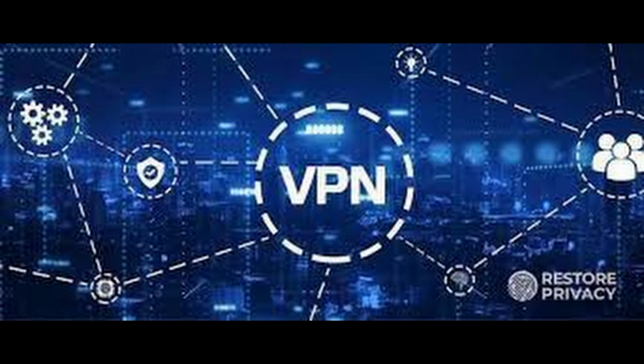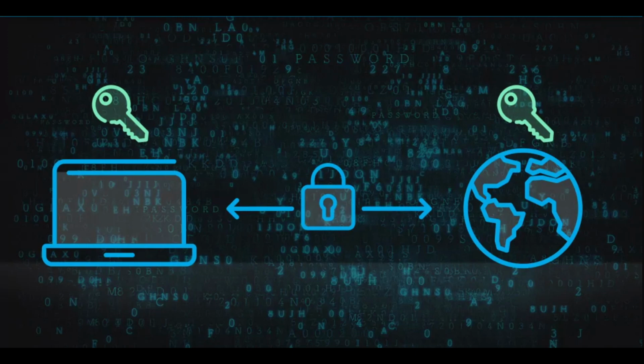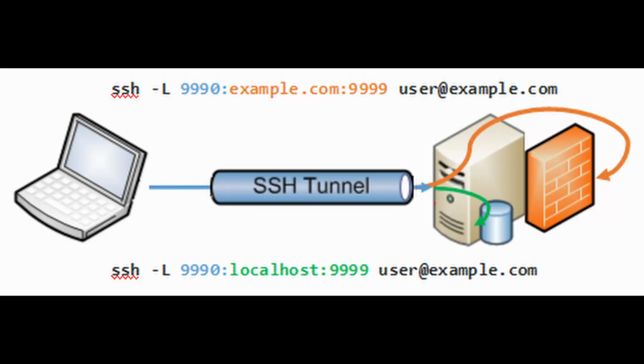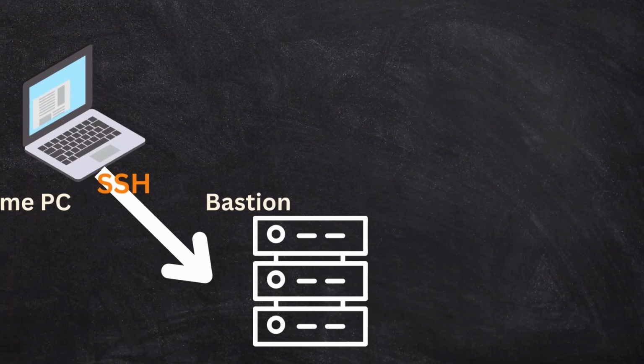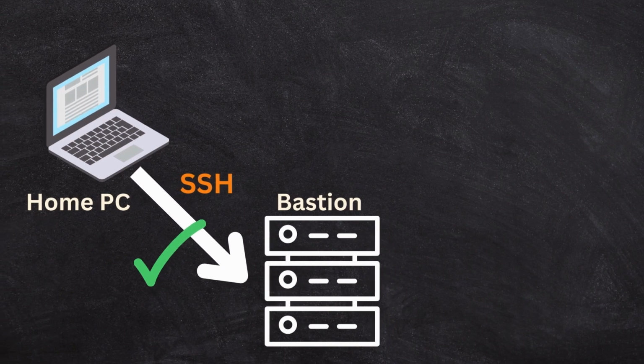This is something similar to what a VPN does. A VPN works on a similar principle. This technique uses the SSH protocol to create a secure tunnel through which data can be transferred between the two computers. So on a very high level, let's see how an SSH tunnel works.